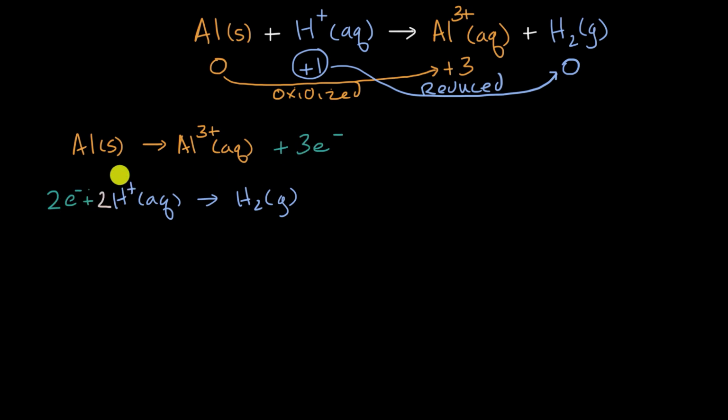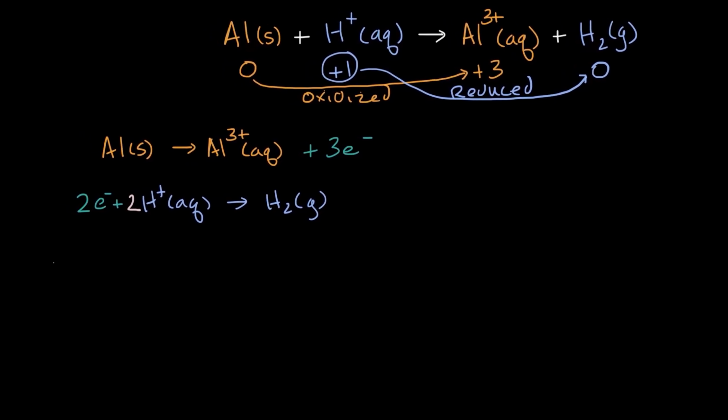So if we can get these both to 6, how could we do that? Well, we could multiply this top half reaction by 2, and multiply this bottom half reaction by 3. Why does that work? Well, 2 times 3 electrons is going to give us 6 electrons. 3 times 2 electrons is going to get us 6 electrons.